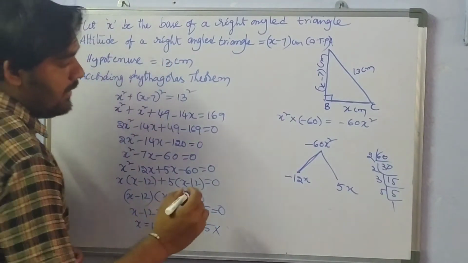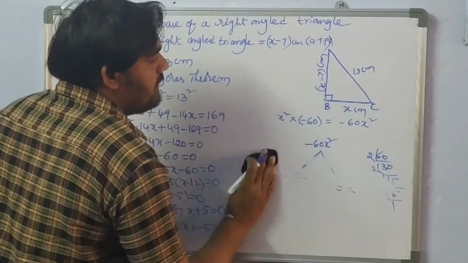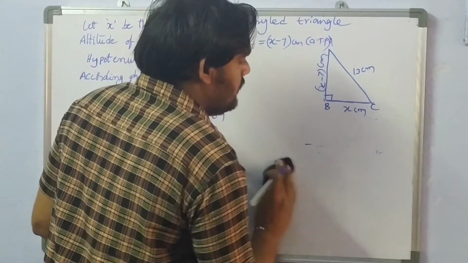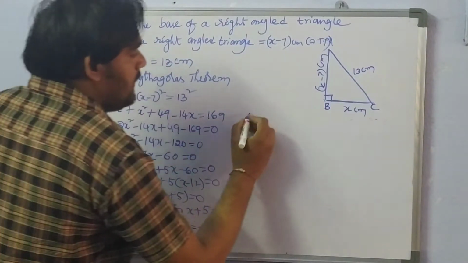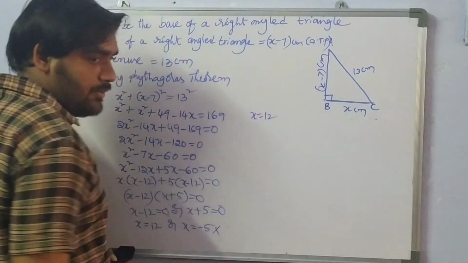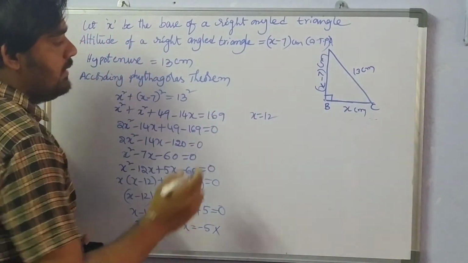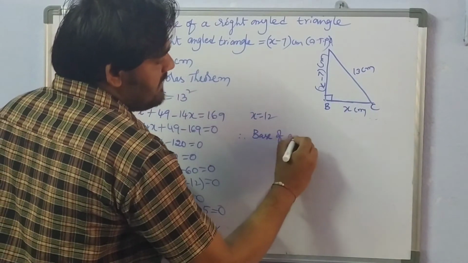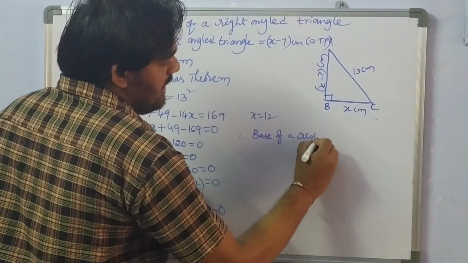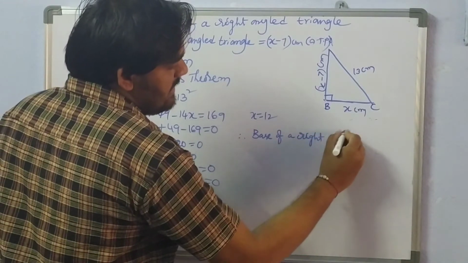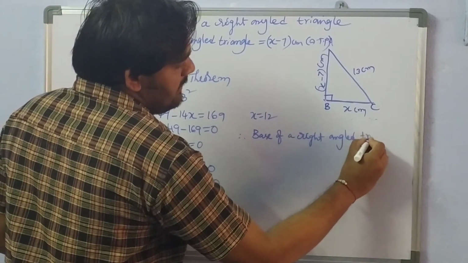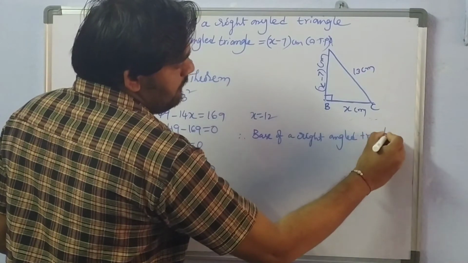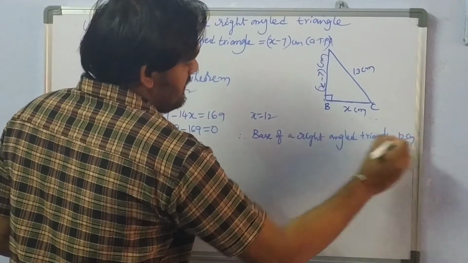So now I will rub this one. Here, x is equal to 12 only we need to take. So x is equal to 12. Therefore, the base of the right angle triangle is equal to 12 centimeters.